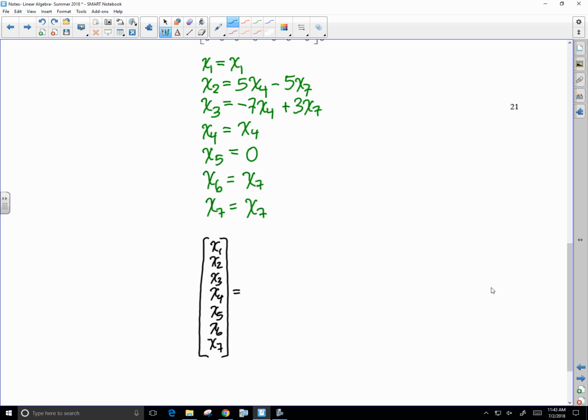All right, so unfortunately what that means is that we have an x1 with 1 followed by a whole lot of zeros.